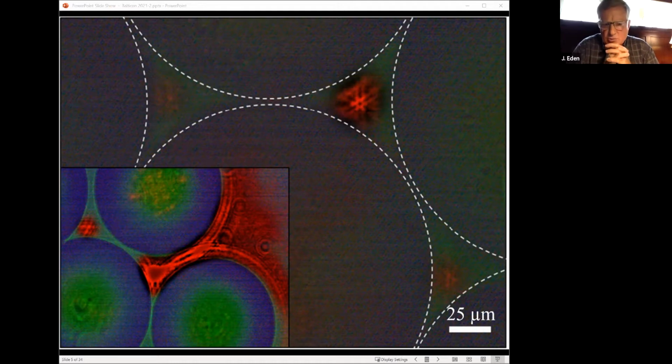And quite to our surprise, when doing these experiments at the University of Illinois, we found that a new type of laser mode was emerging from the laser medium, but in the regions between those spheres that I showed you on a previous slide.